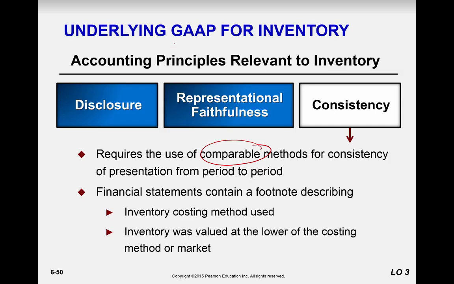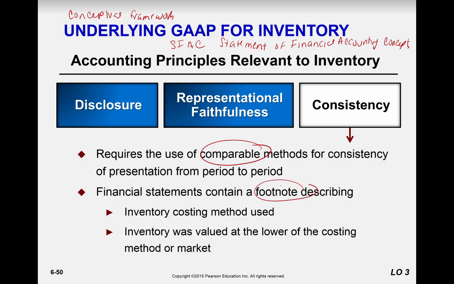So these principles are known as the Statement of Financial Accounting Concepts, and that gives us our conceptual framework, which basically are these qualitative characteristics like faithful representation, consistency, and comparability. It says any person should be able to consistently go from one year to another and make sure that everything was recorded in the same fashion.